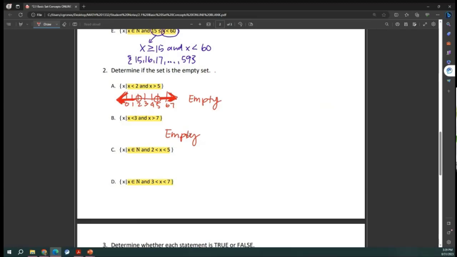Yes. So if they ask you, I think on this particular question, it's going to be multiple choice, and you have to say the set is empty because there's not a number that's less than 3 and greater than 7. I think that's how the questions are set up.